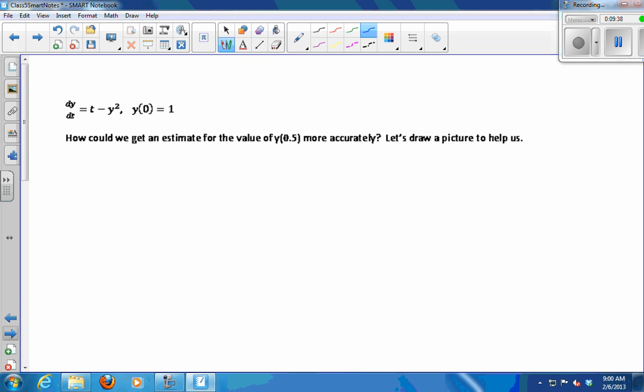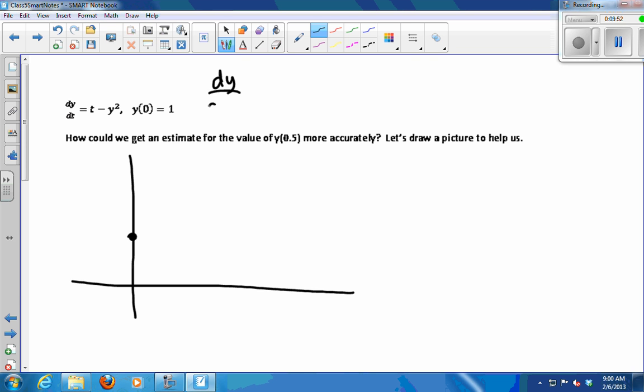So I'm going to draw a little picture. Here's my initial condition, 0, 1. And what is the slope, dy/dt, at the point 0, 1, my initial condition? -1.